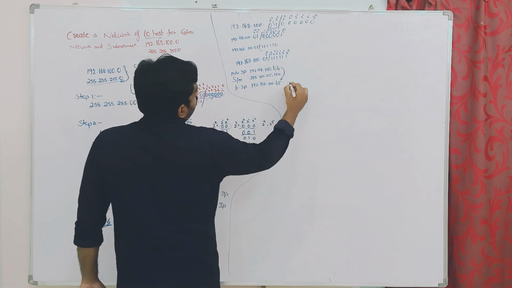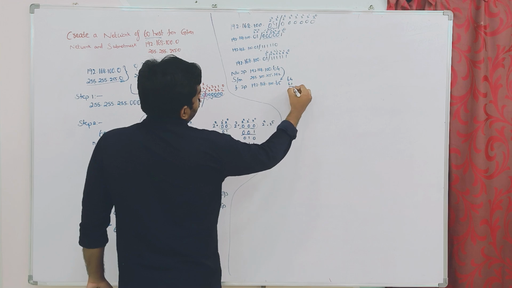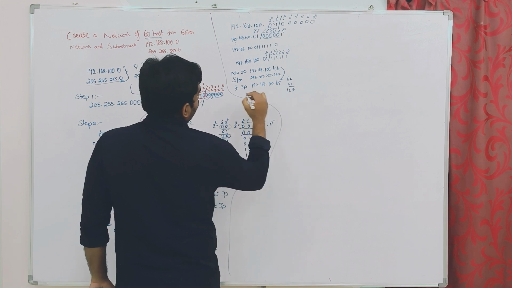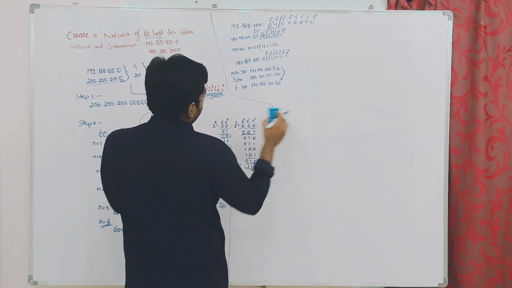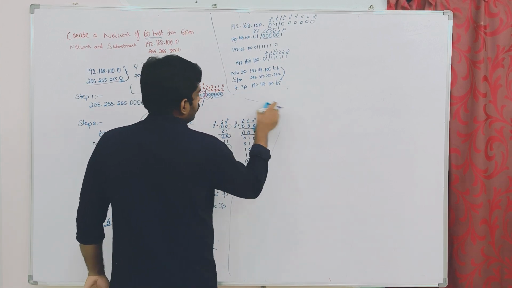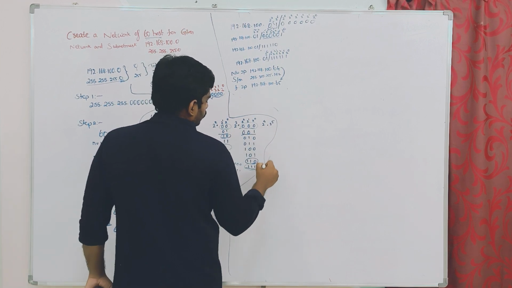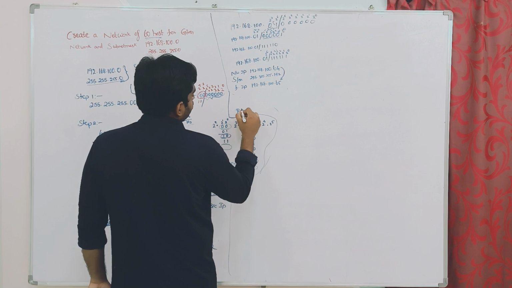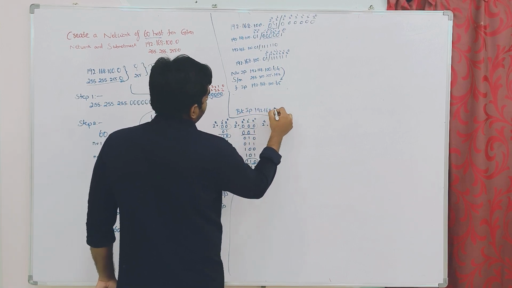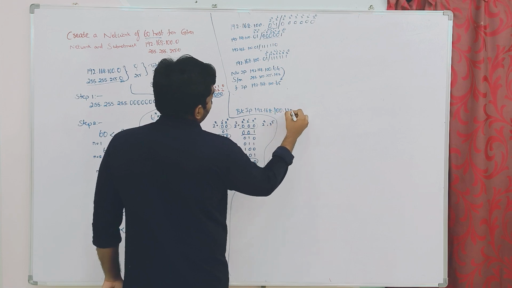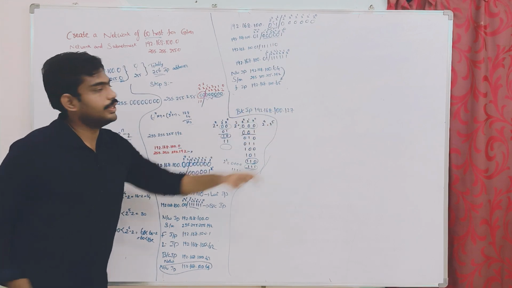So I multiply: this is 64, and 64 plus 63 is 127. So my broadcast IP will be 192.168.100.127. Obviously, now we come to know what the last IP is.